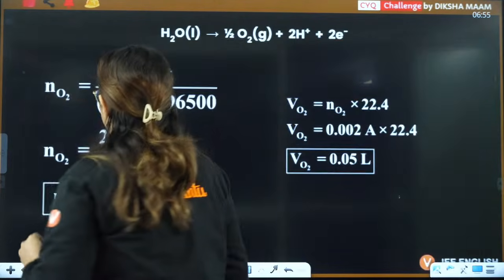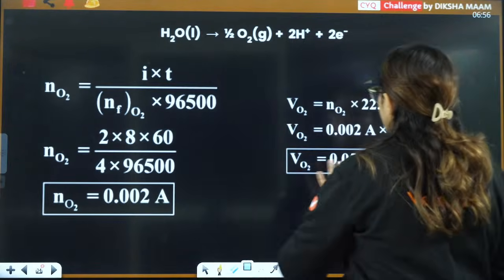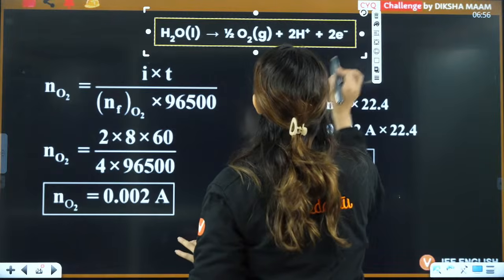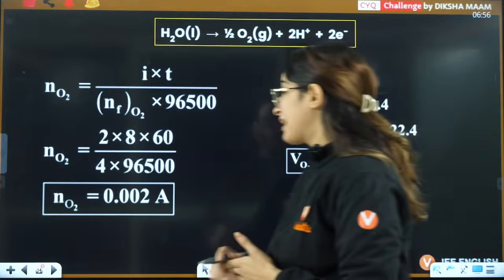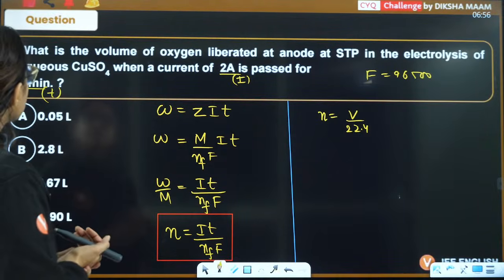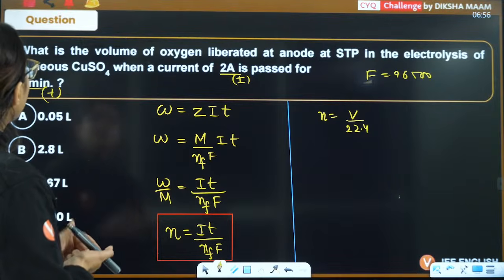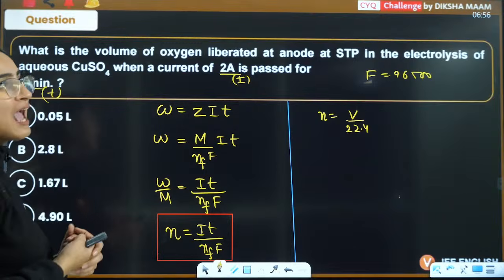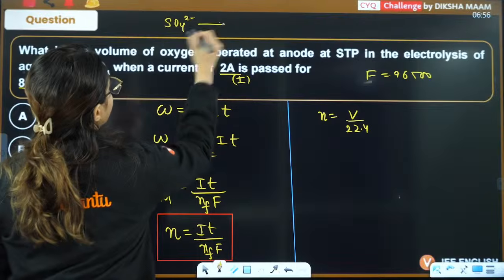So let's see. First thing is, this is the reaction that they have given you, right? When it is being converted to O2 from water in electrolysis, right? Now you might think that, ma'am, why is it electrolysis of aqueous solution, why have we used this at anode? Because at anode either SO4 2 negative can get oxidized.